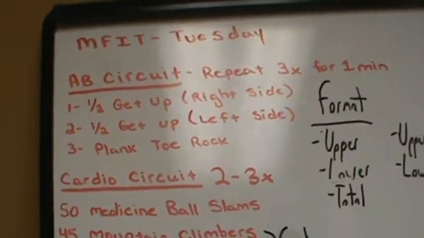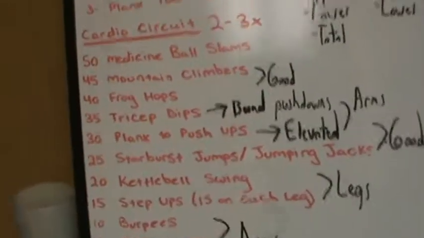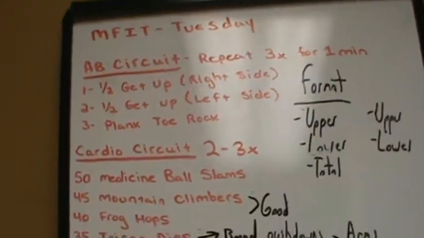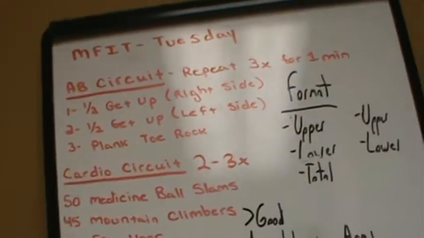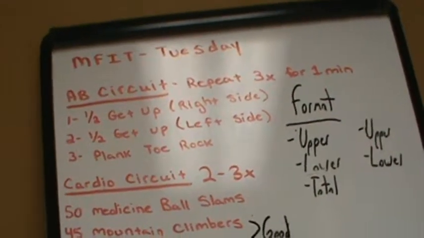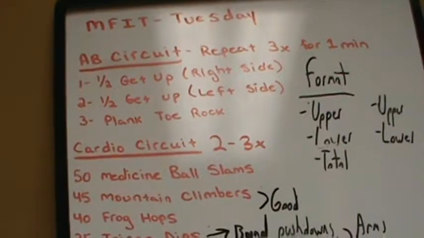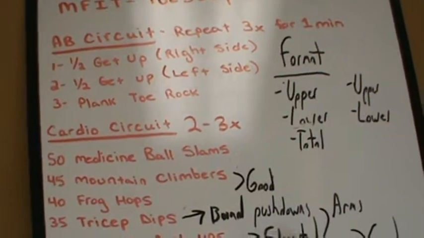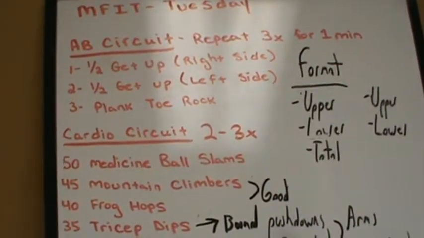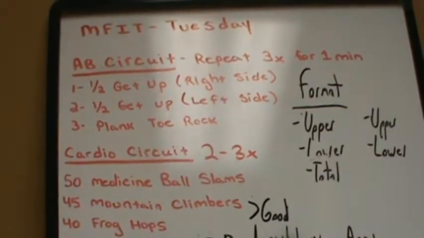Now, when we look at this workout, we have an ab circuit, which is good. We have a half get up on the right, half get up on the left, and a plank toe rock. Those both involve exercises that we've identified in our templates as desirable. We're training core stability there, so we're not doing a lot of things such as sit-ups and Russian twists.